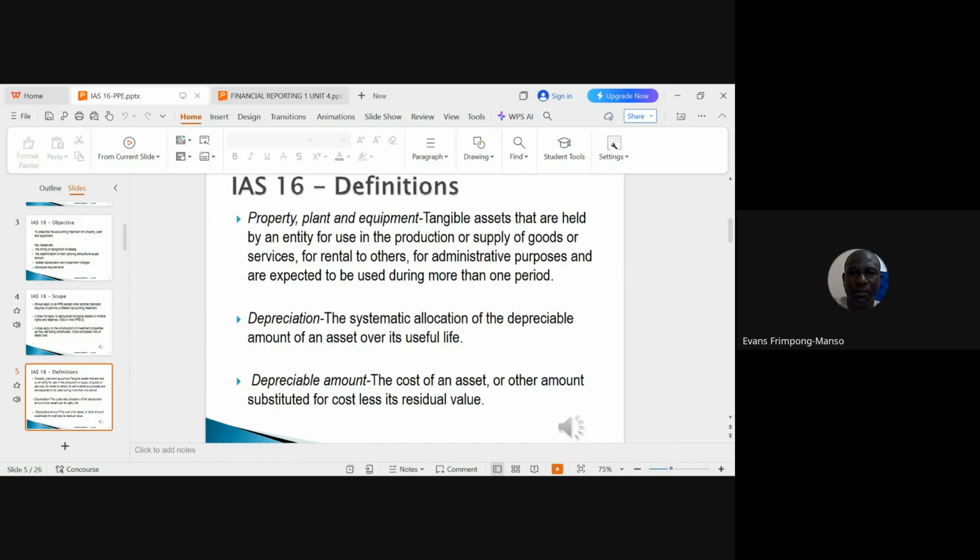All that we are going to do here is not based on depreciation, but how to account for property, plant, and equipment on the financial statements. And in doing so, depreciation calculation becomes inevitable.